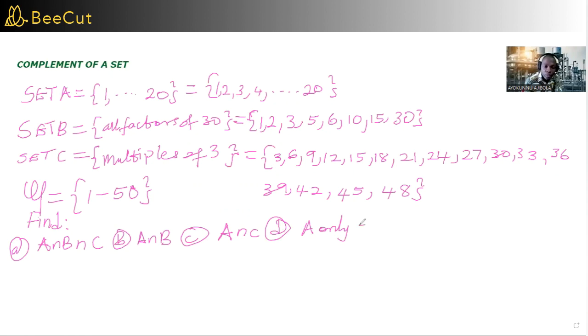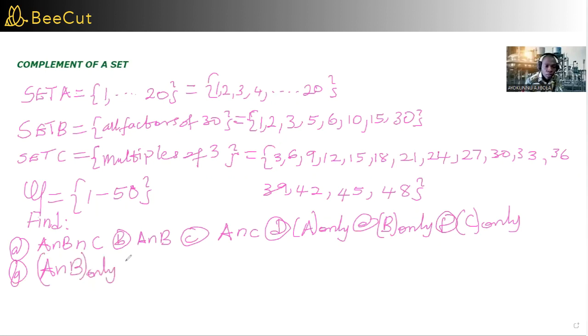You can say you should find B only. You can say you should find C only, that is, how many elements are in C only. Then you should find A intersection B only. They can say find A intersection C only.